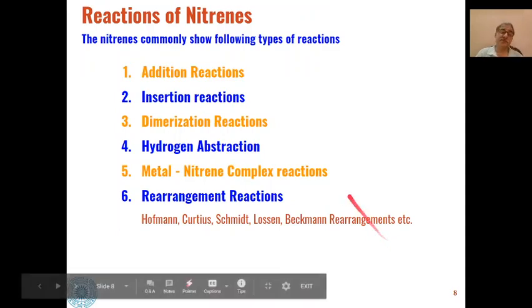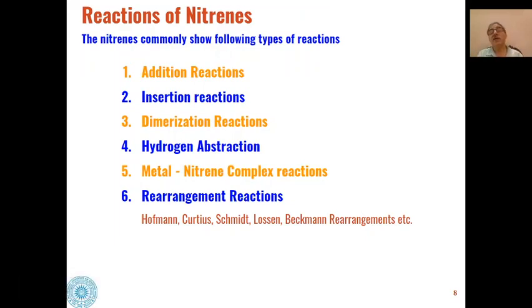Then reactions of nitrenes. As we know, nitrenes are reaction intermediates and they cannot be isolated and they are very reactive. So they have the tendency to undergo different types of reactions to give us stable products. And most common among the reactions of nitrenes are addition reactions.